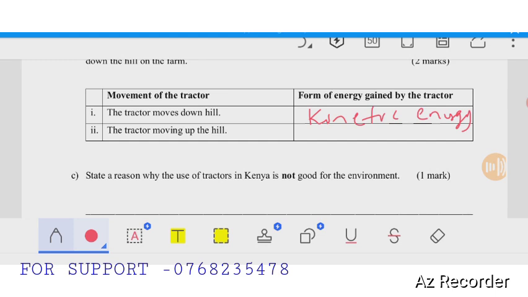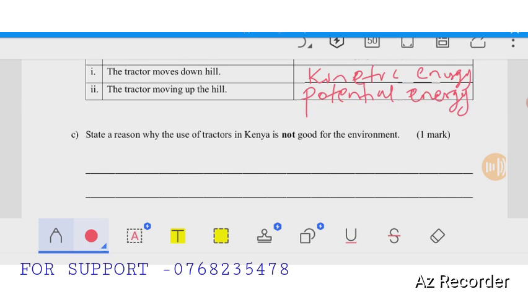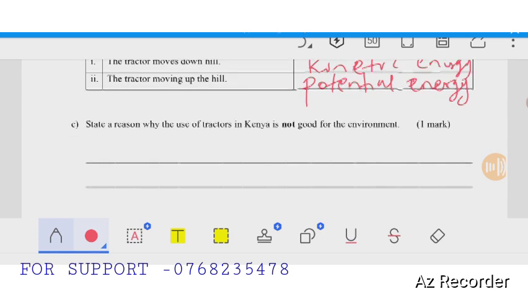When it is moving uphill, it is reducing in speed, meaning it is slowly gaining potential energy, which is energy at rest. Potential energy.